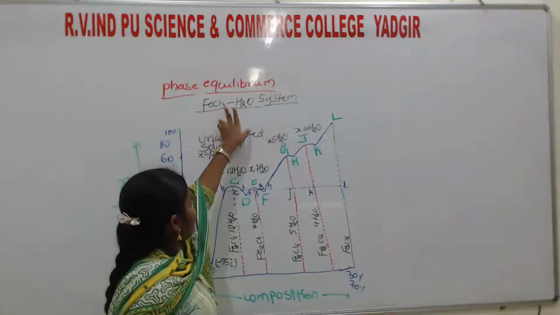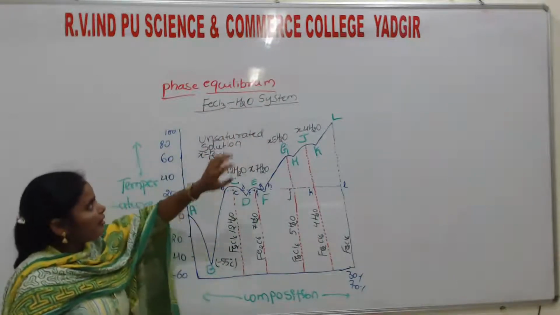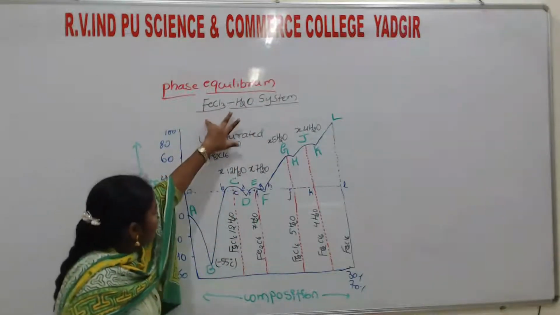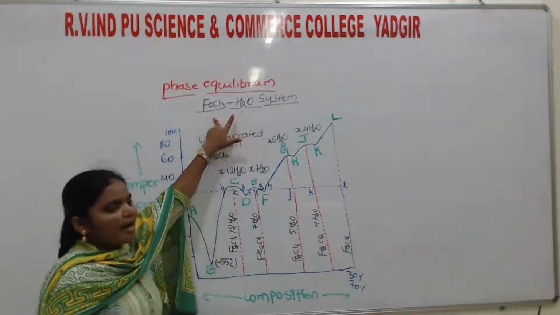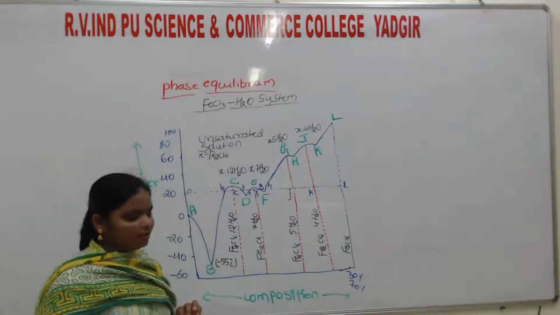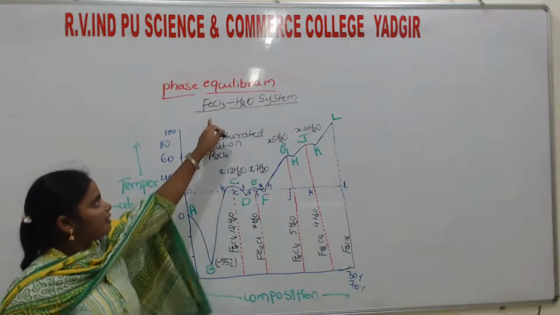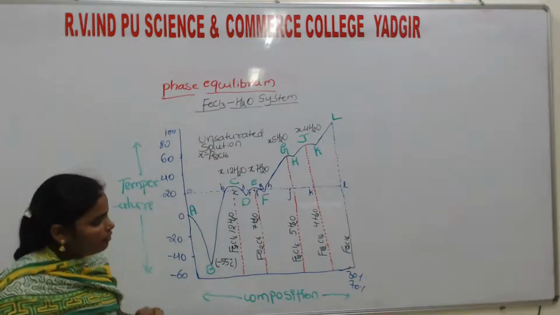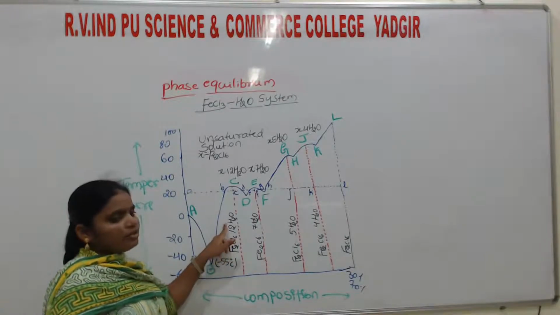One is ferric chloride, the other water. These two components react with one another, FeCl3 and water, to form hydrated ferric chloride. Four hydrated solids are formed here. One is Fe2Cl6 12H2O.